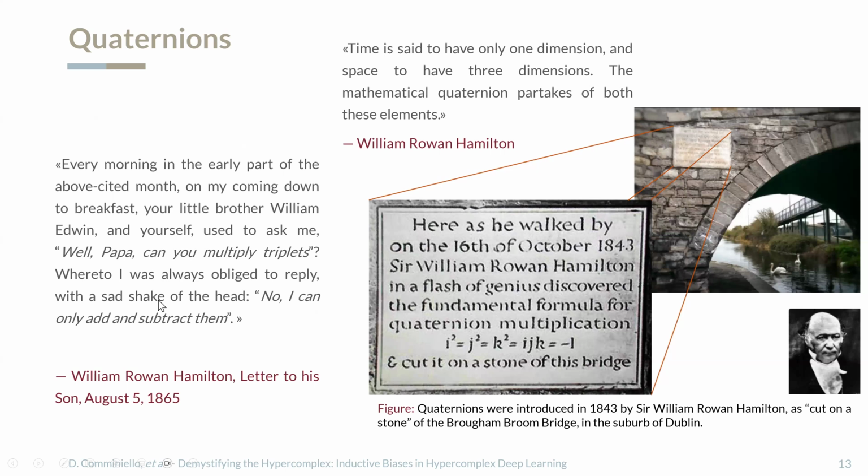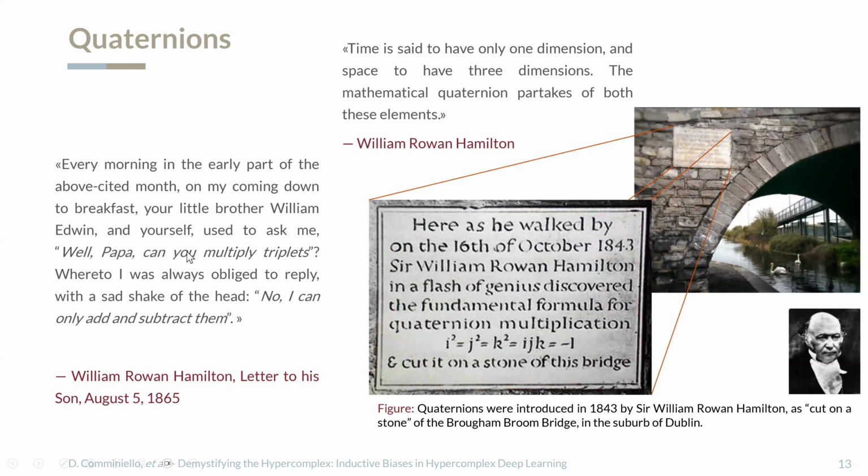And so actually, Sir Hamilton worked a lot on this topic, and he was kind of obsessed by these algebras. So he said: every morning in the early part of the month, on my coming down to breakfast, your little brother William Edwin and yourself used to ask me, "Well, Papa, can you multiply triplets?"